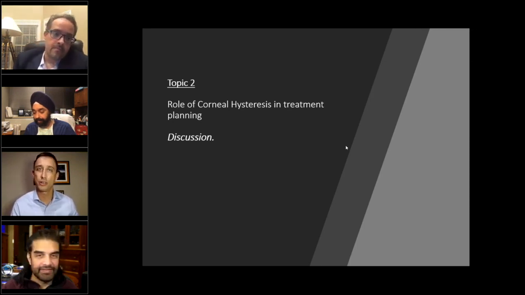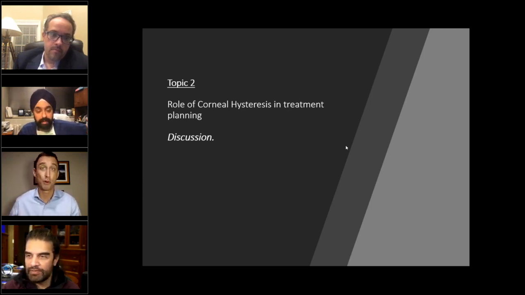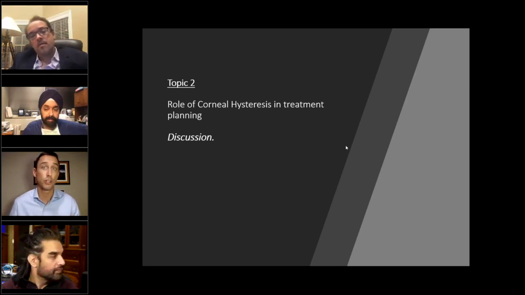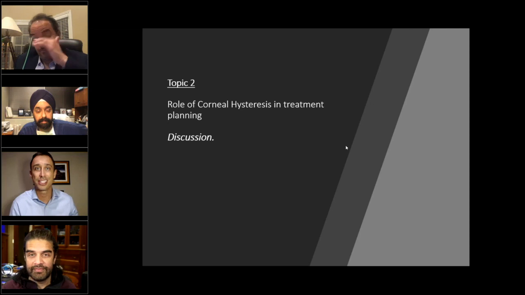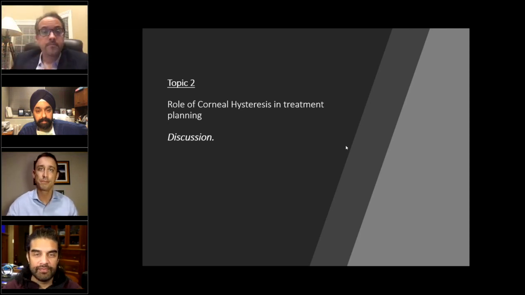But low hysteresis is going to make me say I need to probably drive this pressure a bit lower, and my intervention may be different as well. I may refer to a surgeon like one of you guys to do surgery earlier than I would, where I might keep them if it was a high hysteresis and just treat with medications.